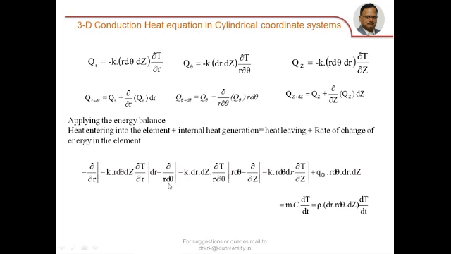In this term, ∂/r∂θ of minus k dr dz, you are finding the derivative of this term with respect to theta. Hence, k dr dz by r can be brought outside the term. You have only ∂/∂θ of ∂T by ∂θ. Similarly, ∂/∂z of ∂T by ∂z and Qz r dθ dr dz.